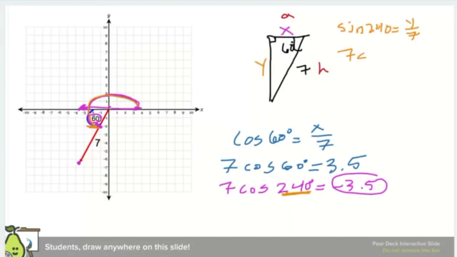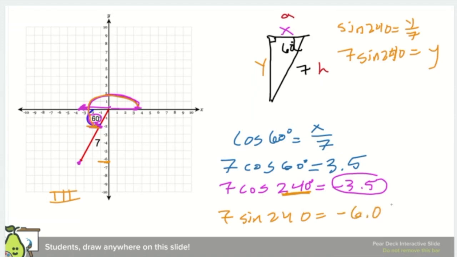So we'll end up with 7 sine 240, and that will give us our y value. I do 7 sine 240, and we should get a negative number because we are in quadrant 3, where both values are negative. Negative 6.06.